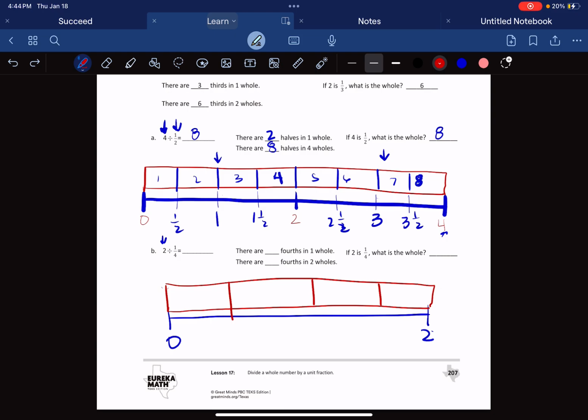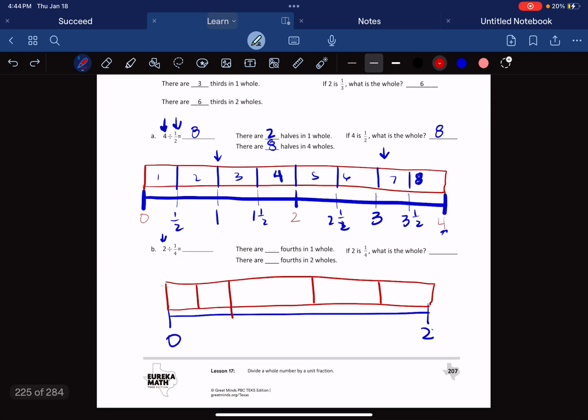So we're going to start here and cut each one into a fourth because we want to end up with 8. So we cut those again. We end up with 0, a fourth, 2 fourths, 3 fourths, 4 fourths, which equals a whole, 1 and a fourth, 1 and 2 fourths, or a half.